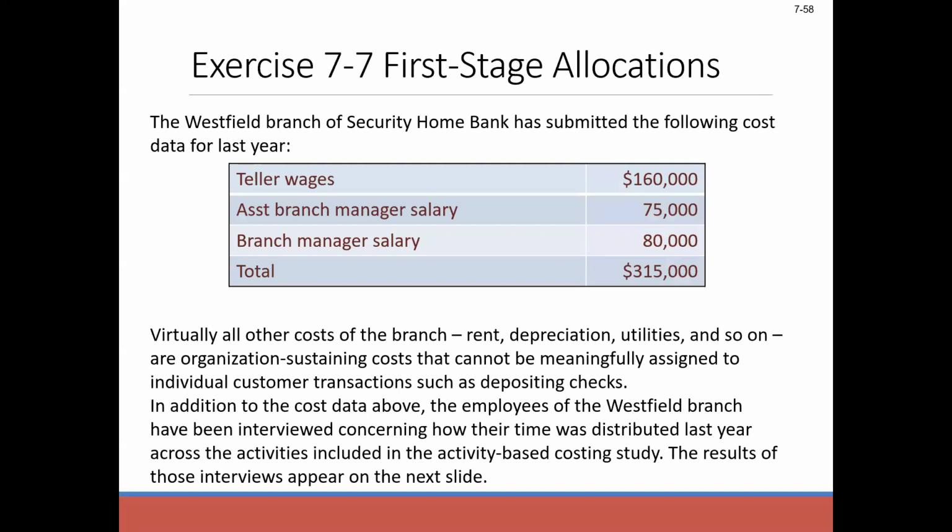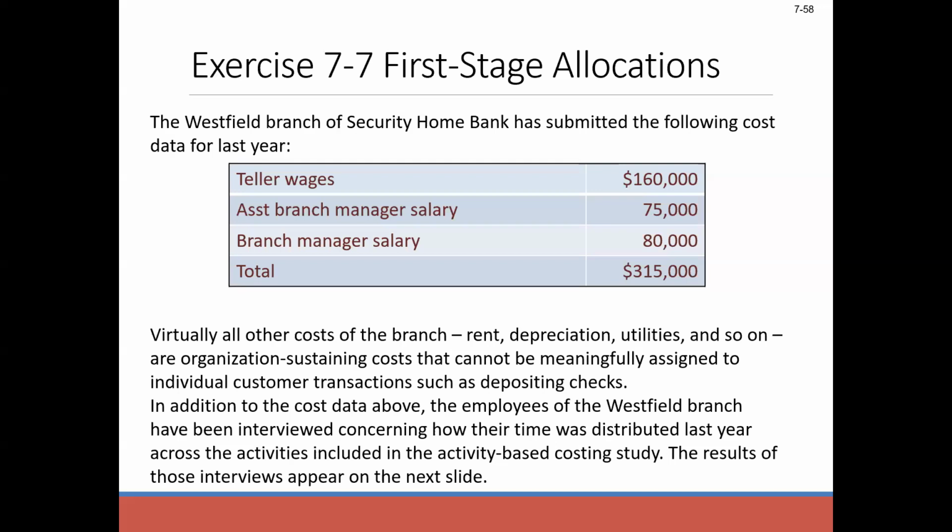So here, the Westfield branch has submitted the following cost data. They give us the tellers' wages in total, the assistant branch manager's salary, the branch manager's salary, and the total of these salaries. Virtually all other costs of the branch, rent, depreciation, utilities, are organization sustaining costs that cannot be meaningfully assigned to individual customer transactions, like depositing checks.